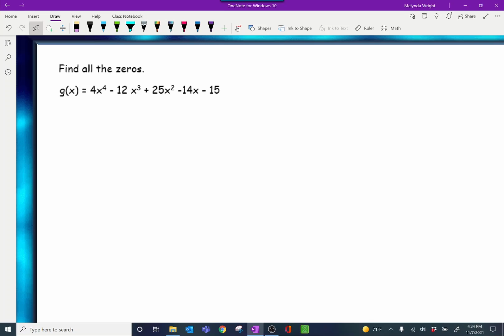So here we go. All right, so actually this is the same problem that we did on the first page. So p over q, I'm just going to copy down those problems.